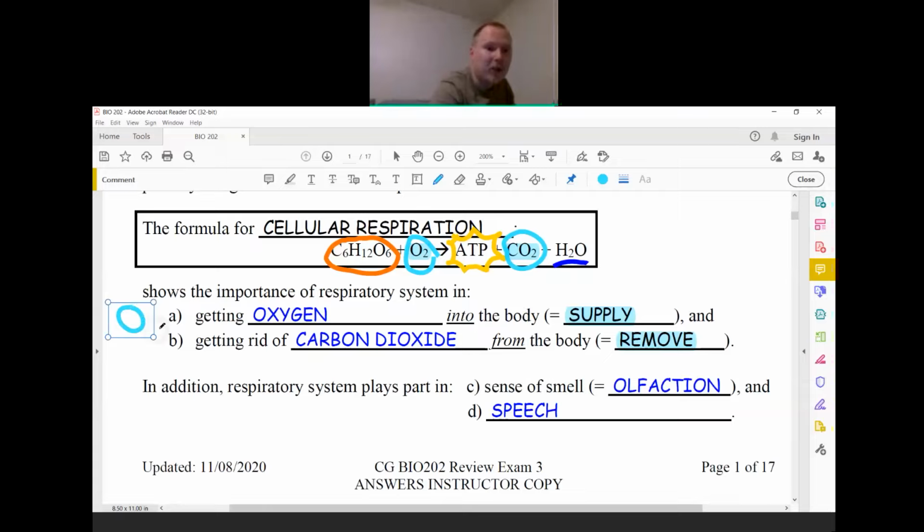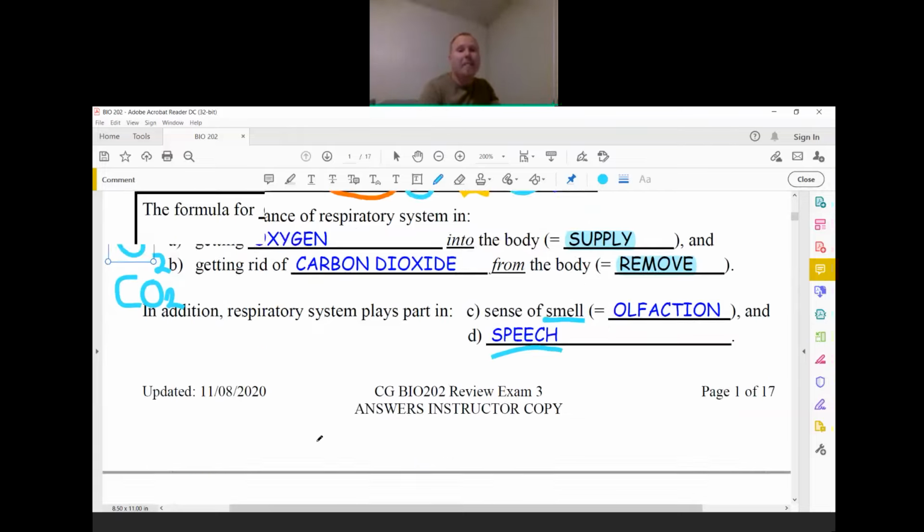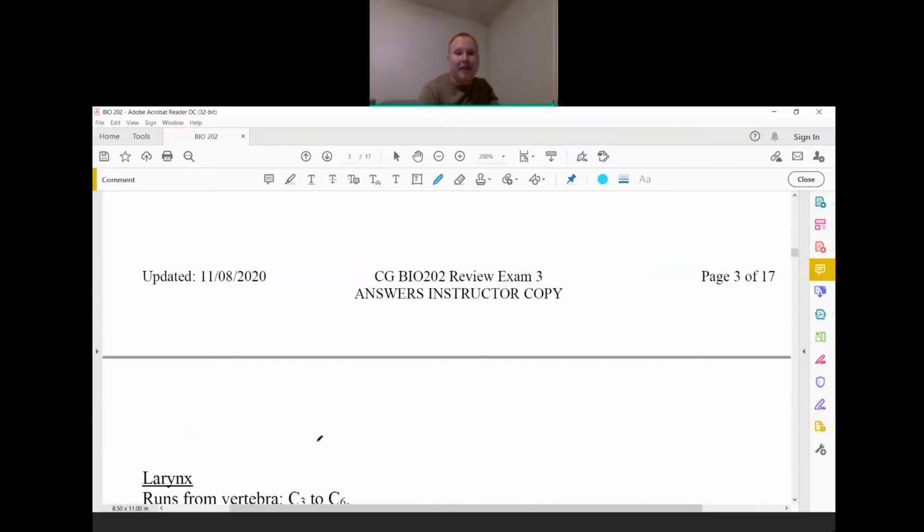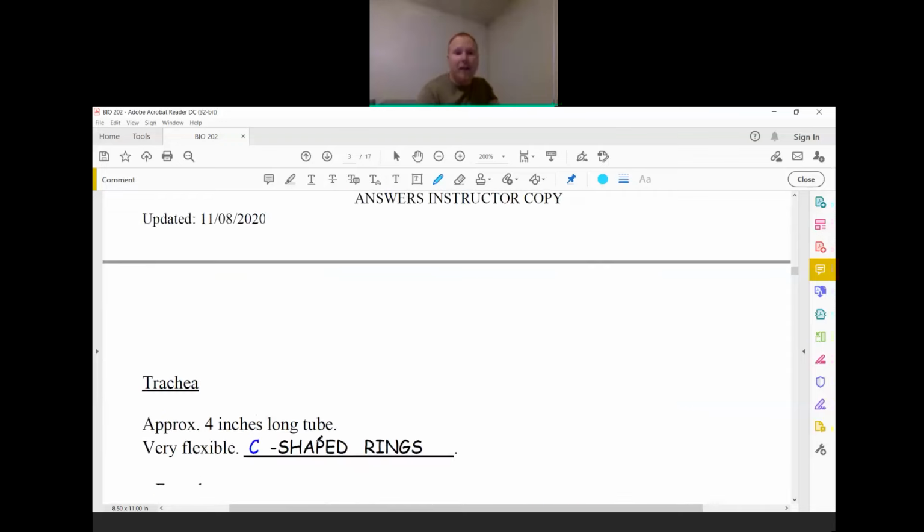In addition to that, the respiratory system plays an important role, for example, in olfaction, the sense of smell, and in terms of the production of speech, which is obviously very important for us humans as a communication tool. And then there's a bunch of non-respiratory movements that are also at the respiratory system.